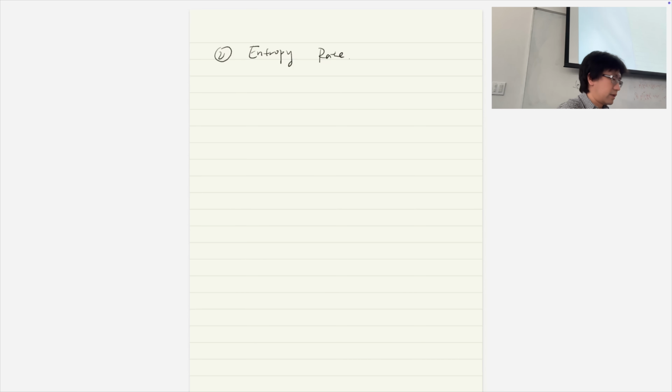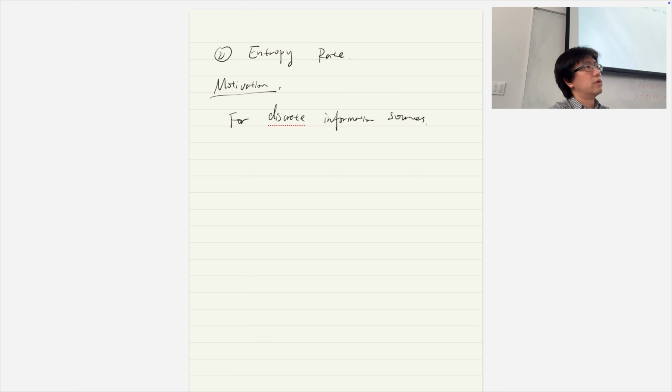So what we're going to do is, let's assume discrete information sources, and we have the vector from x1 to xn.